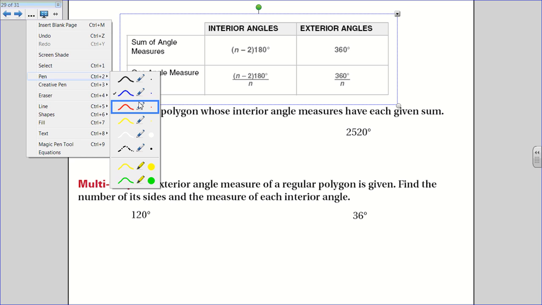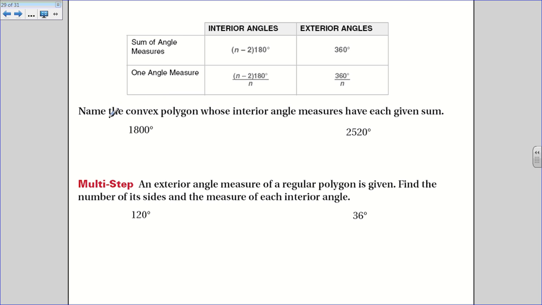So here we have a couple harder problems even. Name the convex polygon whose interior angle measures have each a given sum. Given sum means that all of them are added up together, no division. And this is interior angles, so we're looking at using this formula right here. So they already give me the answer. I'm just going to set up the formula n minus 2 times 180 and solve.